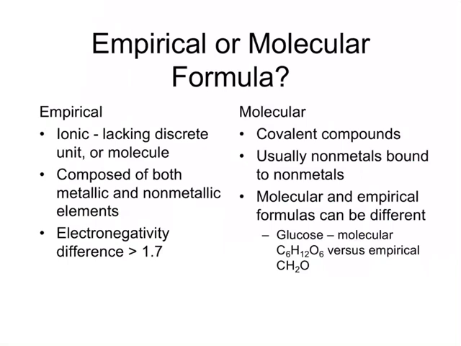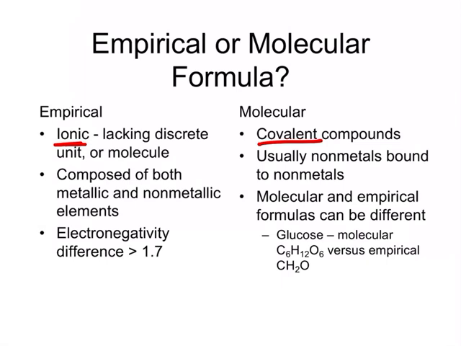All right. So this is giving you empirical or molecular formulas. Some of your homework is going to ask you questions like, write the empirical formula for this, the molecular formula for this. That's what it's actually talking about, okay? Empirical formulas are typically for ionic compounds, and molecular formulas show you covalent.